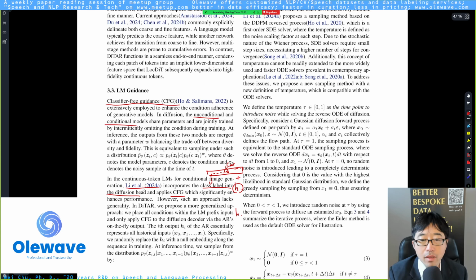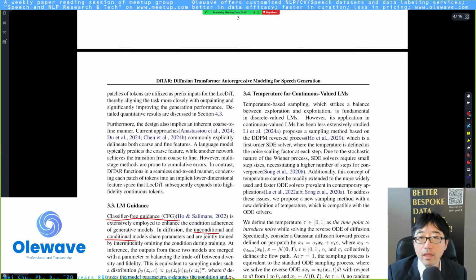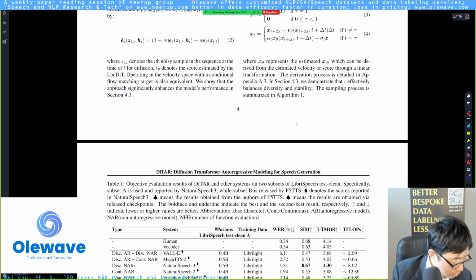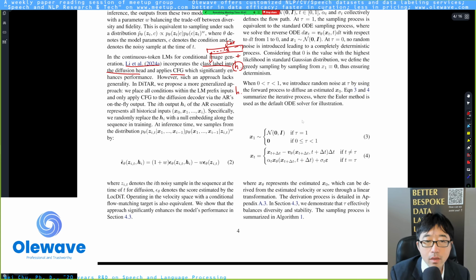So the H can be either conditioned or non-conditioned, if that's clear to you. So this is why they have, where's the, yeah, this one, yes.